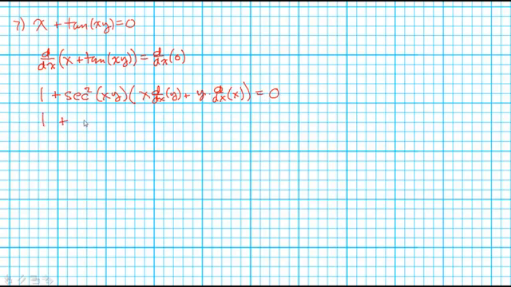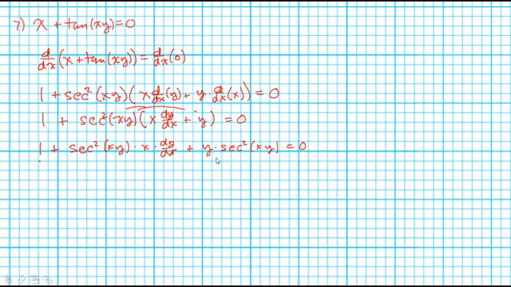So 1 plus secant squared xy times the derivative of y is dy/dx, and the derivative of x is 1. Let's distribute that over both those terms, and we get a 1 plus secant squared xy times x dy/dx plus y times secant squared xy, and that's equal to 0.